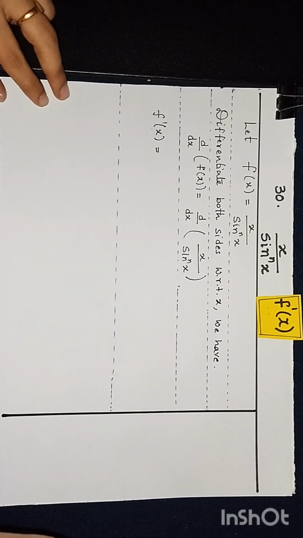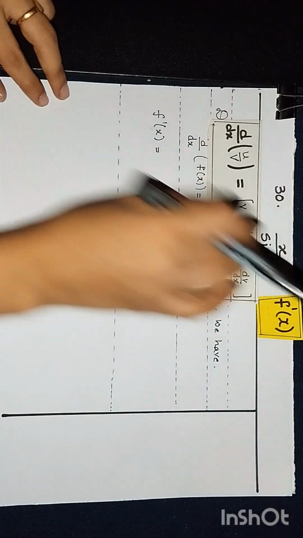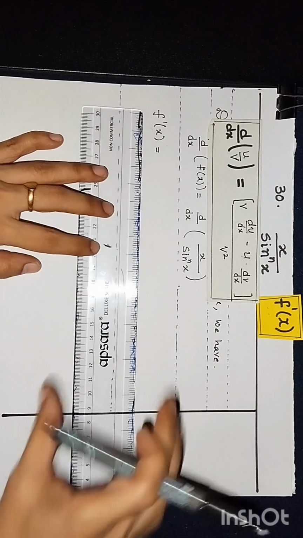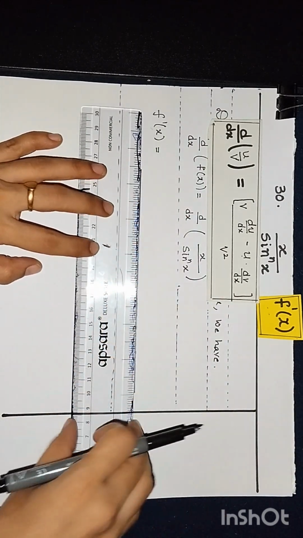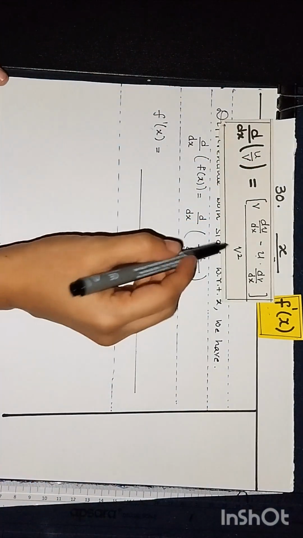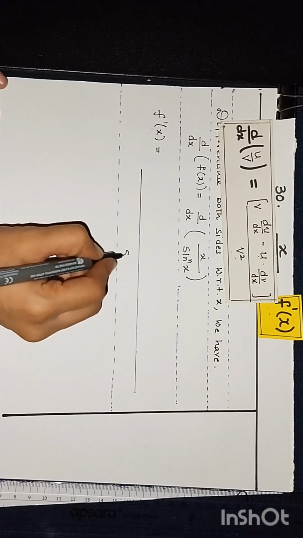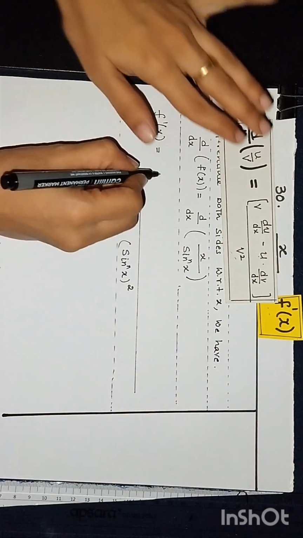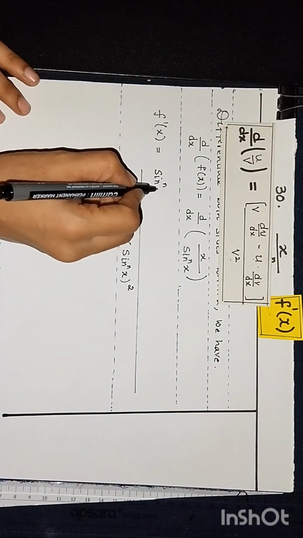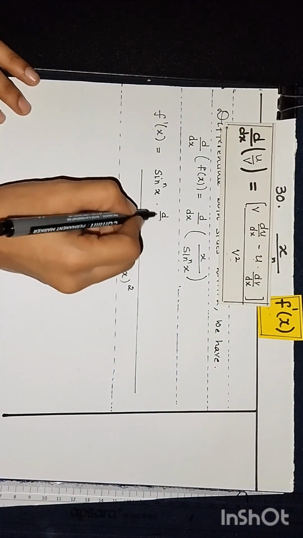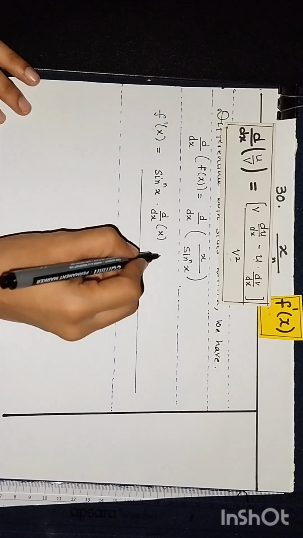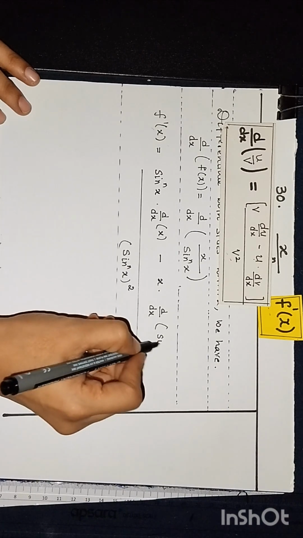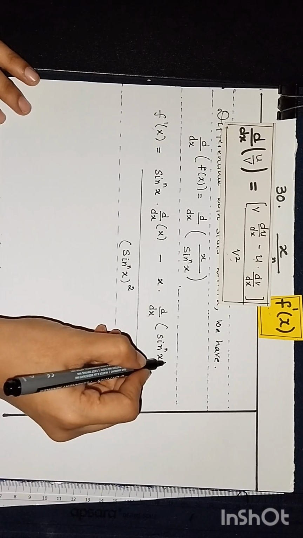So we will apply u by v rule, right? So u by v rule, so in the denominator it is v square, so we have to write sine to the power nx the whole square, into sine to the power nx d by dx of x minus x into d by dx of sine to the power nx.